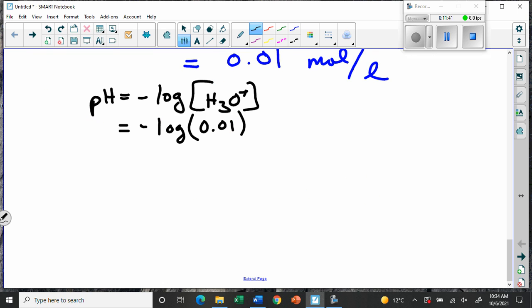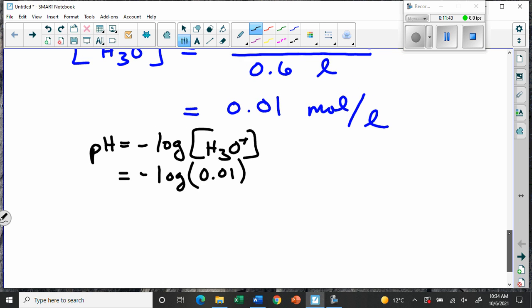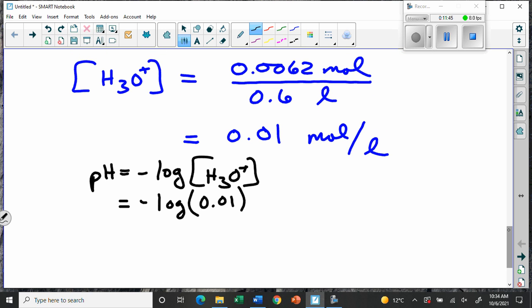So our concentration was a little bit different because we had to divide by the liters to get it per liter. It has to be per liter on the bottom for concentration. Okay, and then we just do our log of 0.01. This is an easy log you can actually do in your head once you understand how logs work, because it's a 1, but I won't get into that. This comes out to a pH of about 2.